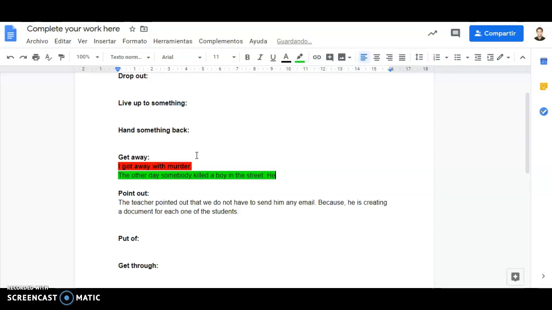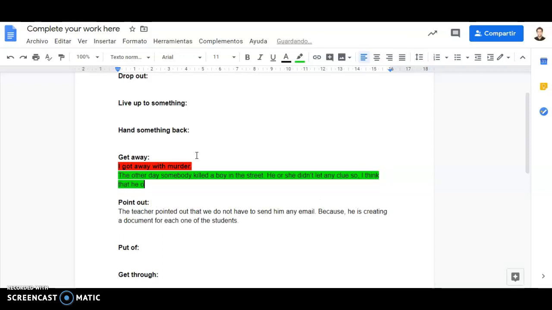He or she didn't leave any clue. So I think that he or she is going to get away with murder. This one is going to be good, so I put it in green.